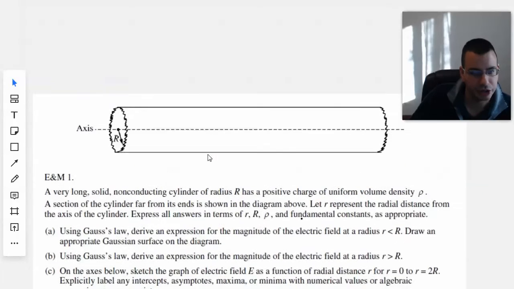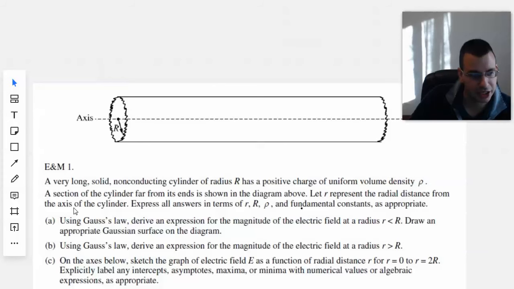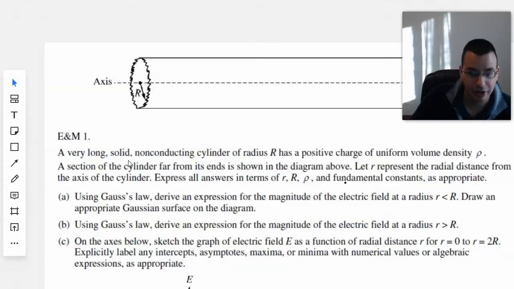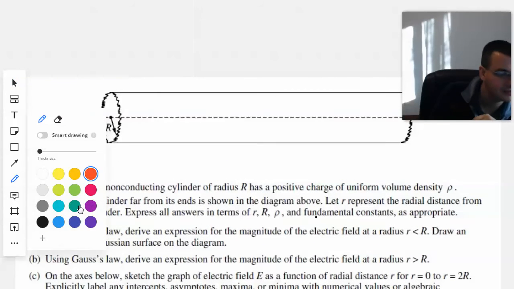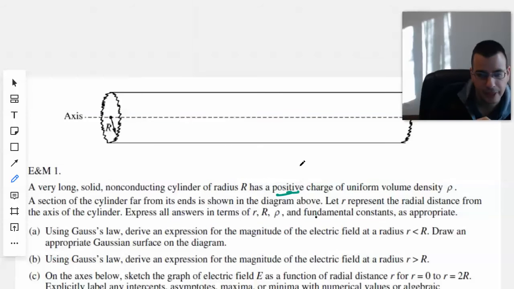Starting with, so we have a picture, okay, little jaggedy edges, got it. A very long, i.e. practically infinite, long cylinder, non-conducting, radius R, has a positive charge, meaning all the charge arrows are pointing out.